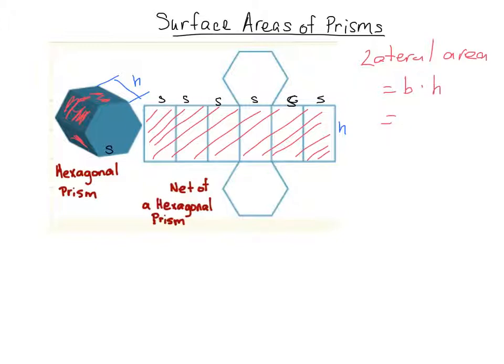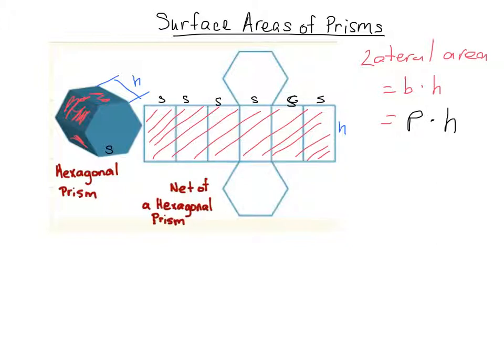In this case, the base just so happens to be 6S, which is the perimeter of our hexagon. So we have perimeter times height.